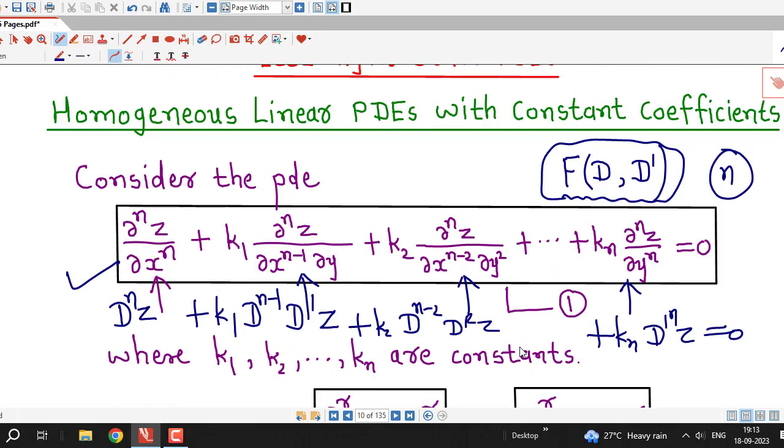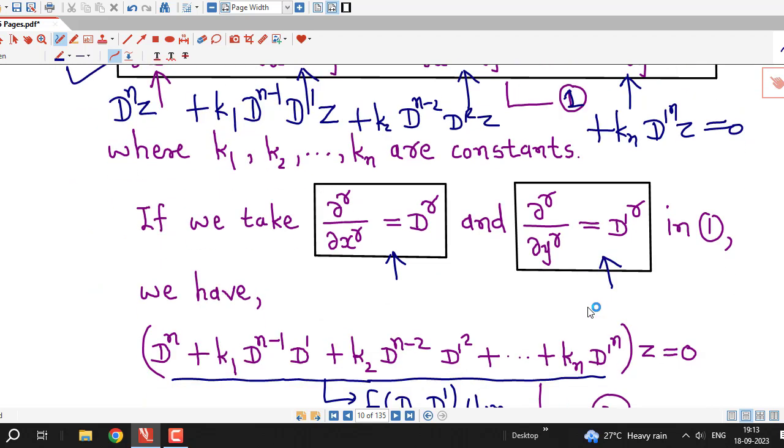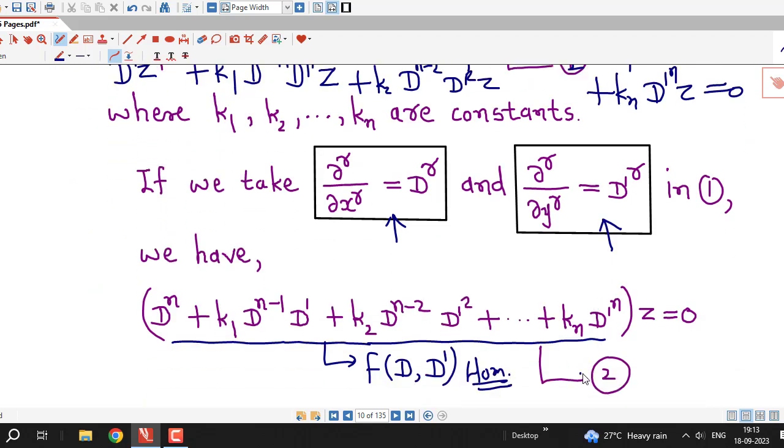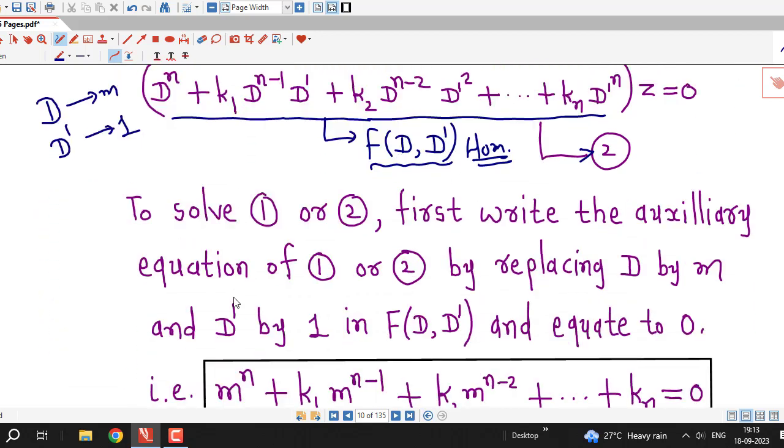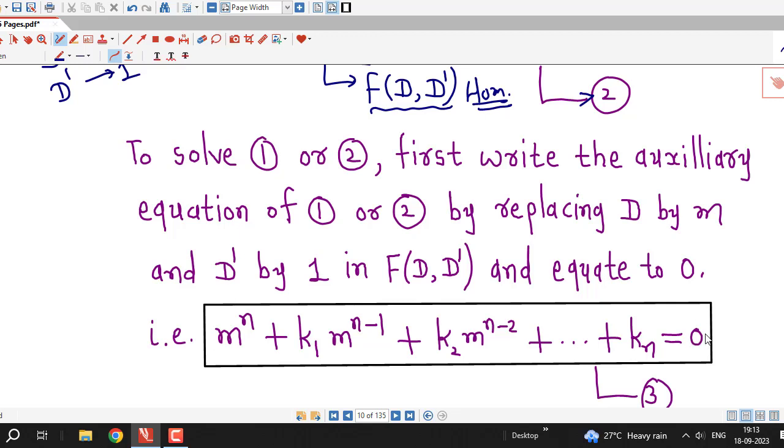And to solve this equation number 1 or equation number 2, which is written in another form, we have to first write down the auxiliary equation. For that we will replace D by m and D dash by 1 in this F of D, D dash, and we will equate it to 0, and we will obtain this auxiliary equation.